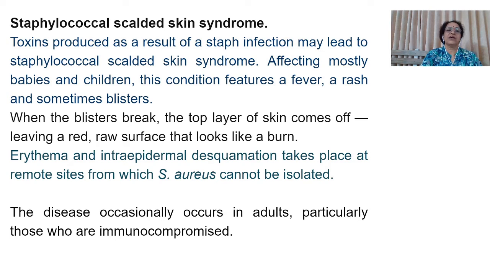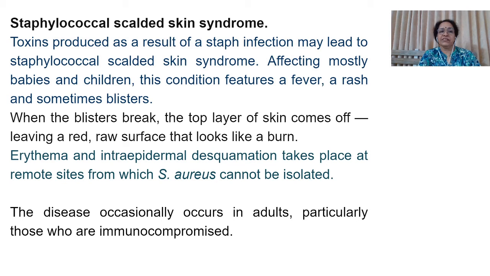Here toxins are produced as a result of a staph infection. This may lead to this type of syndrome. Affecting mostly babies and children, this condition features a fever, a rash, and sometimes blisters. When the blisters break, the top layer of skin comes off.